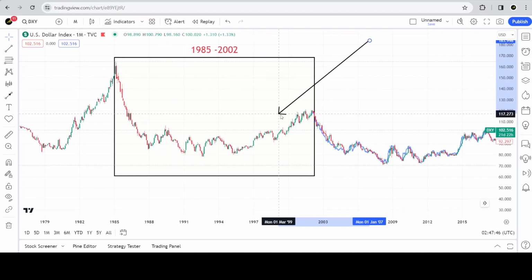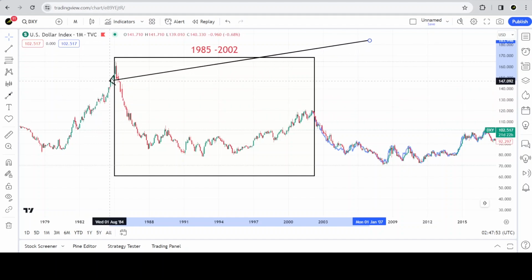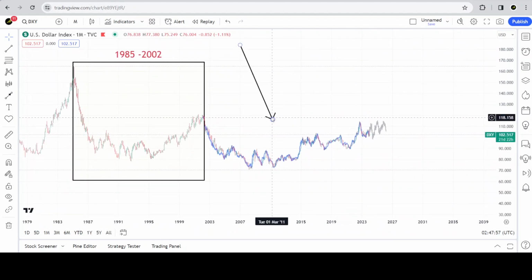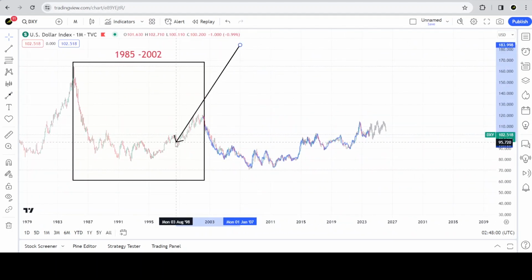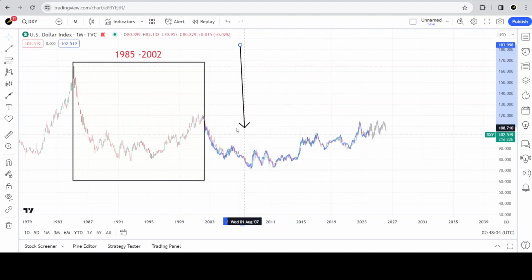Here we are zoomed in a little more. We can see that this one has these flat areas. This one has brief pullbacks here and there, but for the most part, it's quite steep. Whereas over here, this theme of flat areas is being repeated, and we have a much larger one over here.